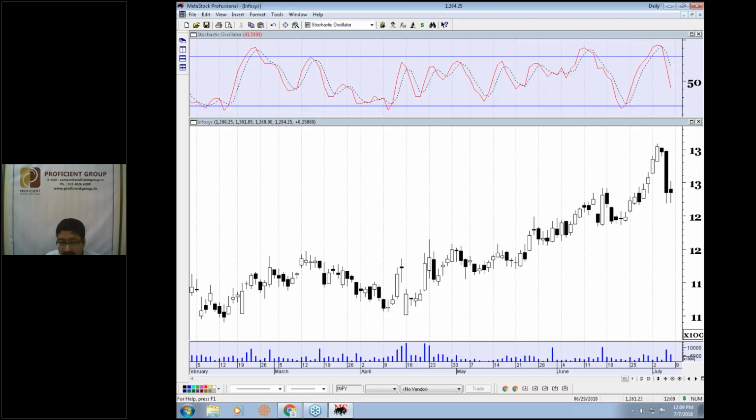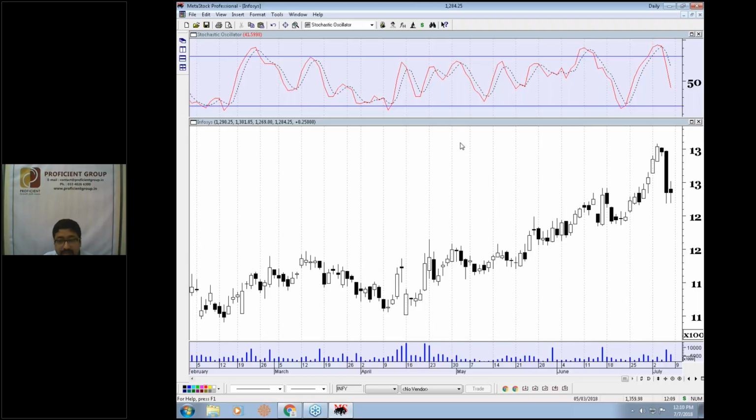It was a pullback, and if this pullback subsides, if there is no additional selling pressure, then chances are very high that the primary uptrend will reassert itself, bulls will be back, and we will have a buying opportunity, and Infosys will go to 1350 where it used to be 3 days ago. So this will be a buying opportunity, but not right now.